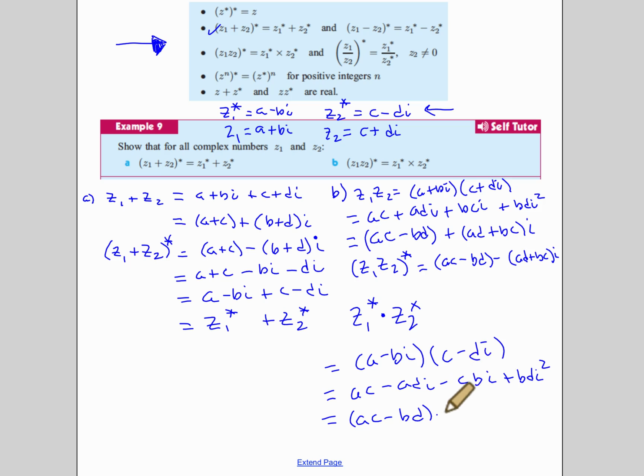So I'm going to factor out a negative i and end up with ad plus bc times i, which matches what z1 z2 star is. So therefore, we can say that z1 z2 star is equal to z1 star times z2 star. All right, as required.